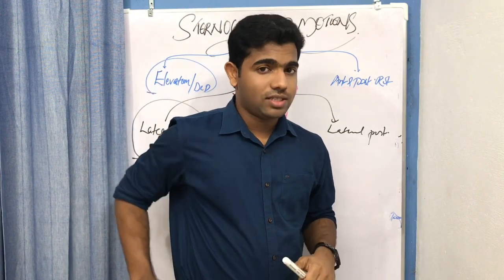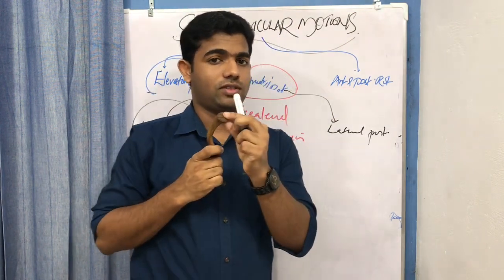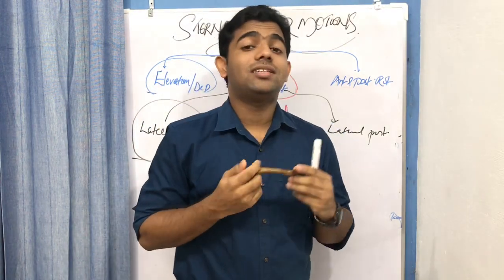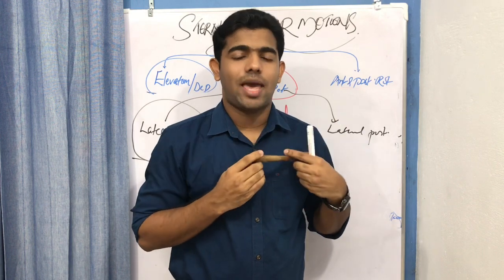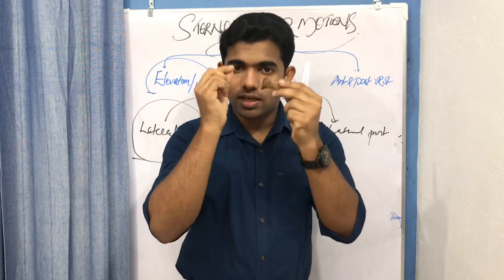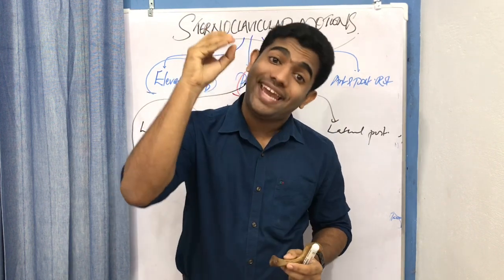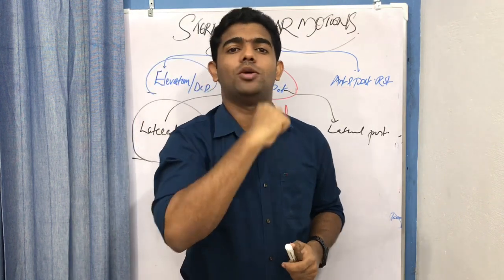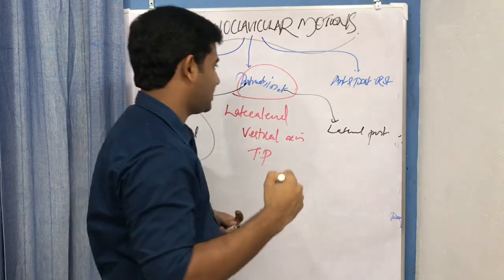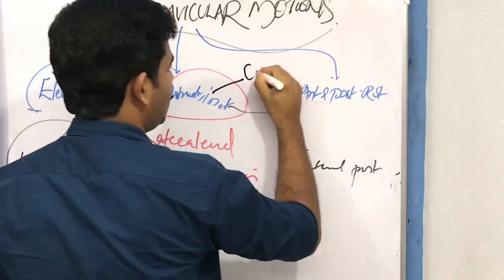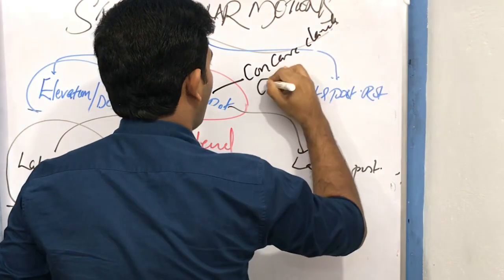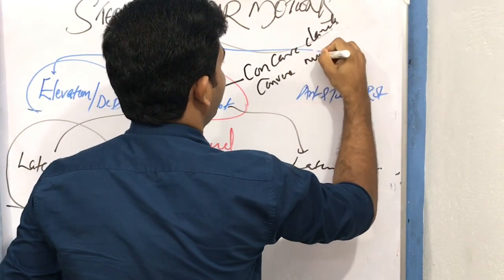Remember, the clavicle has two articular surfaces. One is slightly convex and one is slightly concave. So in protraction and retraction, what is happening is that the clavicle's concave surface is moving on the convex manubrium.